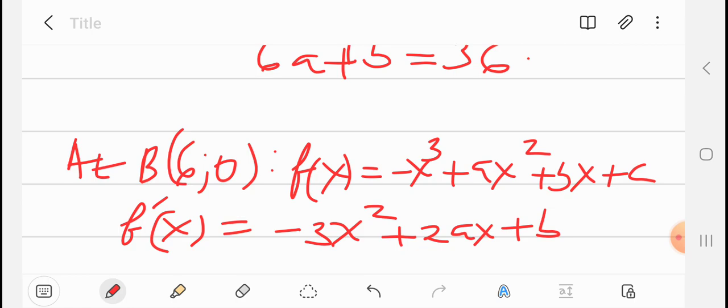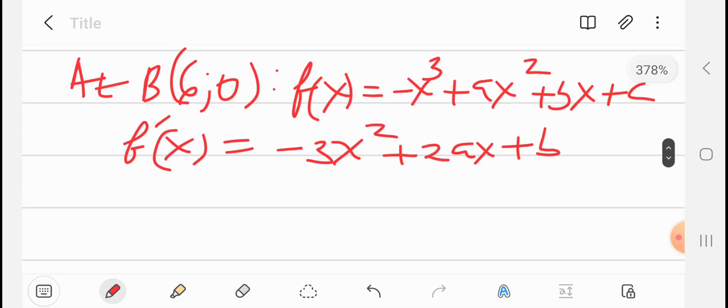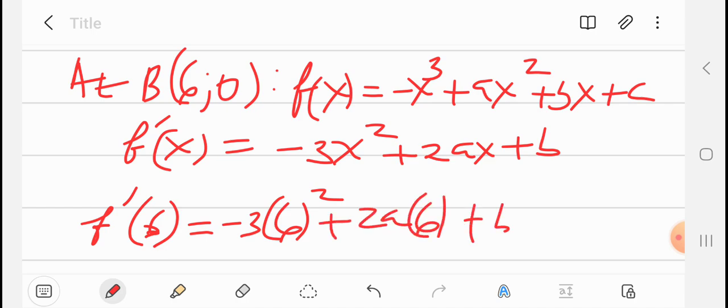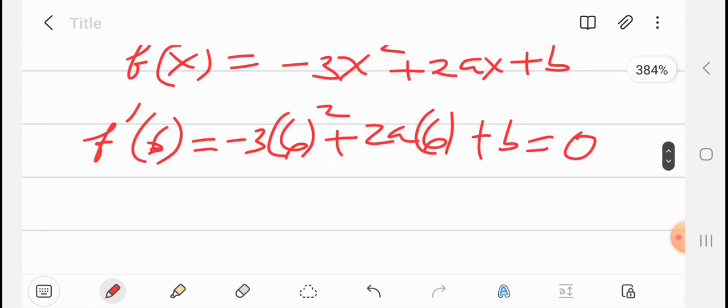Okay, and obviously at the point B you have the derivative. So in other words, f primed of 6 is equal to minus 3 into 6 squared plus 2a6 plus b, and this is equal to 0.